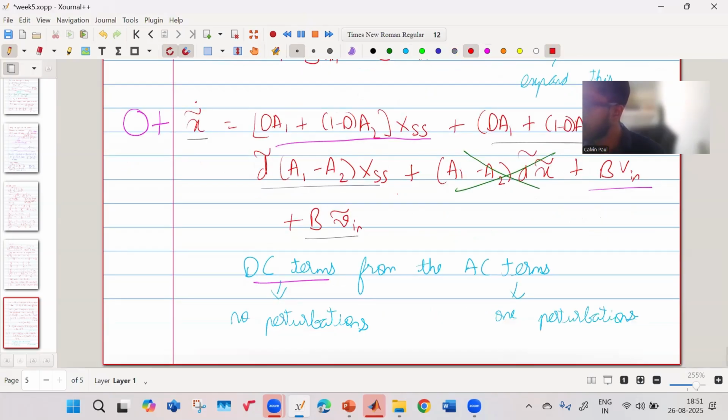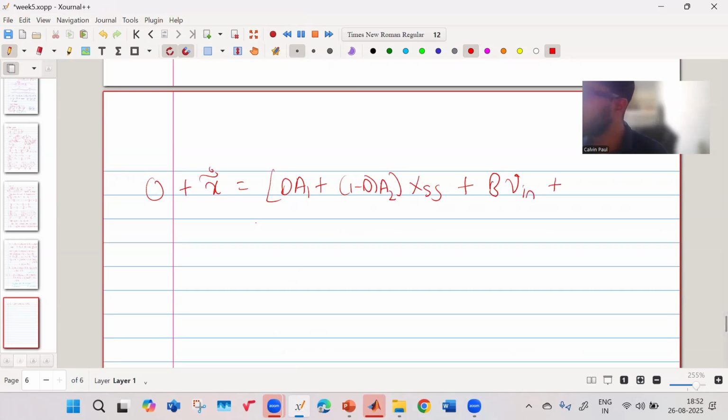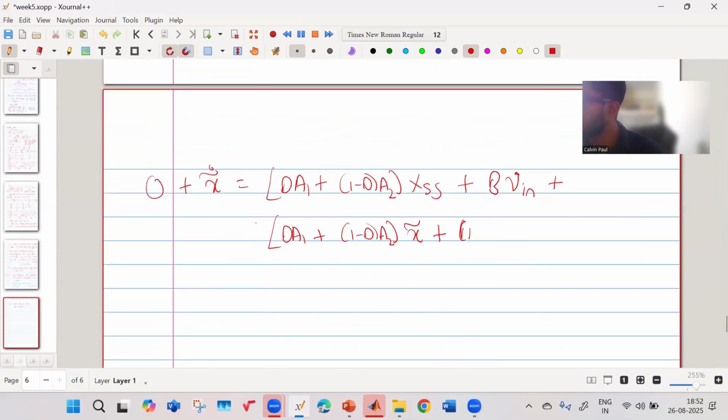So we write it down as 0 plus x tilde dot is equal to D into A1 plus 1 minus D into A2 into x steady state plus B into v in, plus D into A1 plus 1 minus D into A2 into x tilde, plus A1 minus A2 into x steady state into d tilde plus B into v in perturb, right?